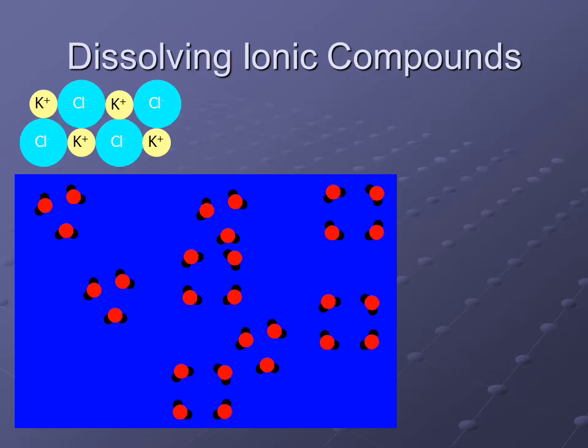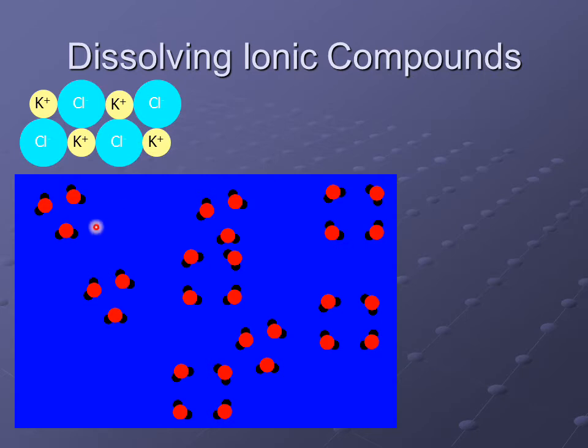You'll notice that we start out here with the lattice of potassium and chloride ions. As with any ionic compound, it occurs as a crystal lattice, and crystalline means that it occurs in a repeating pattern of a potassium, then a chloride, then a potassium, then a chloride.